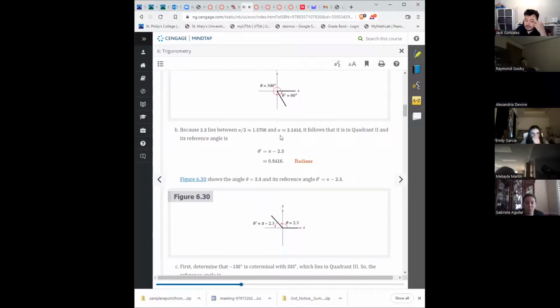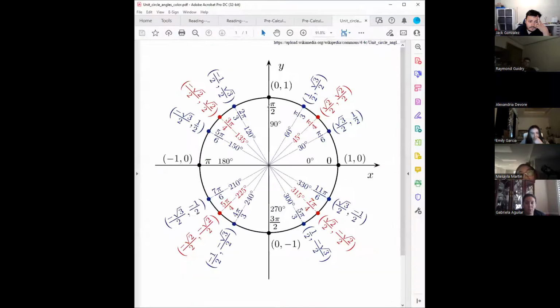So this is a trick you can do in case you can't figure out where the heck 2.3 is. Remember that pi is 3.14. Remember that half of pi is 1.57. And if you look at your circle, pi over 2 is right here. Pi is right there. So if I'm between 3.14 and 1.57, obviously I'm in here, right? Does that make sense?